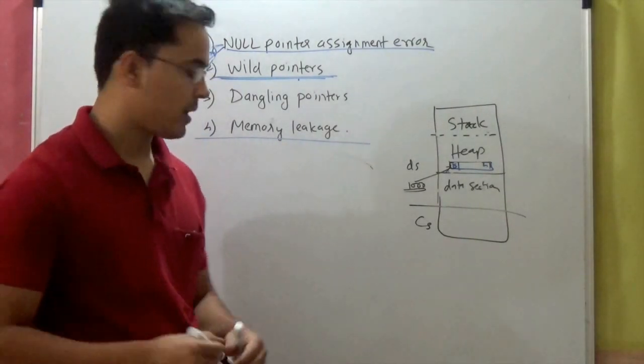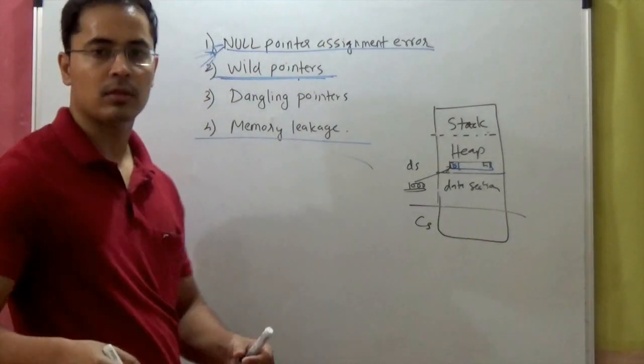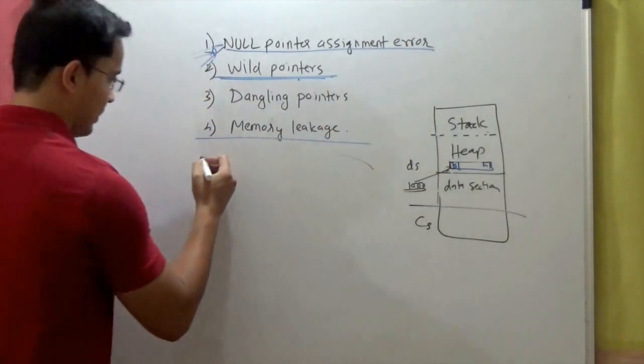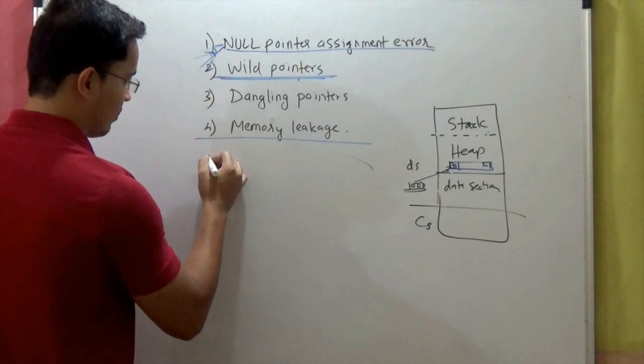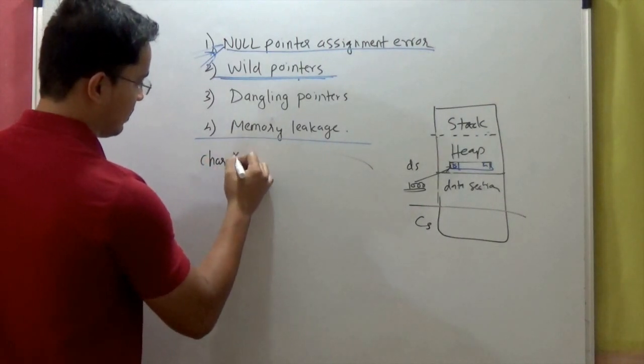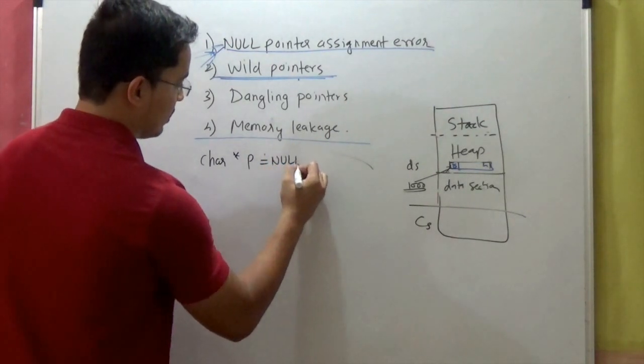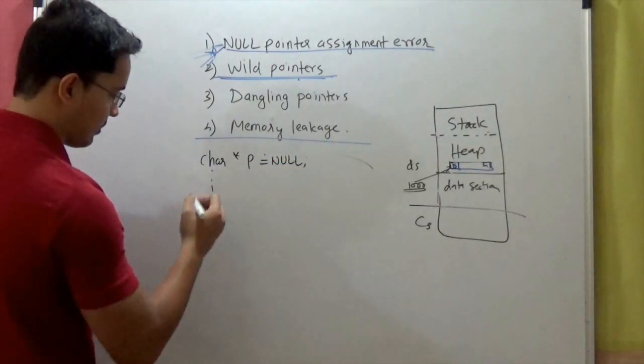One more example of a dangling pointer is when the variable to which the pointer is pointing goes out of scope. For example, let's say you have one character pointer, star P, initialized to null initially. Then there's some line of code.